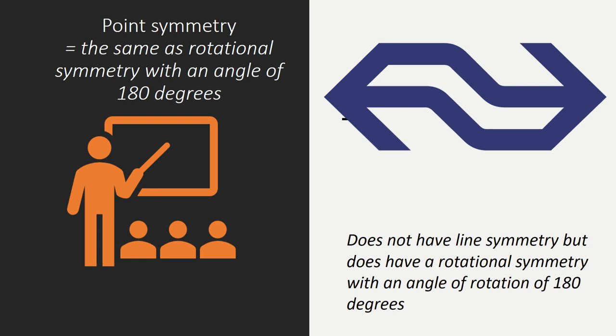So, really important, point symmetry does not have line symmetry, like we saw with the star and the butterfly, with the folding. But it does have rotational symmetry with an angle of rotation of 180 degrees.